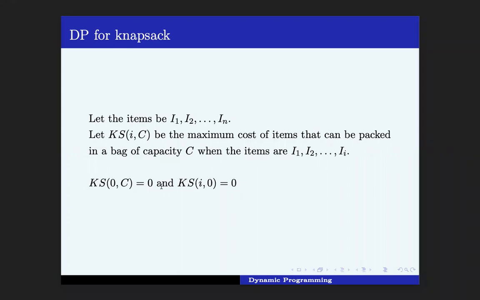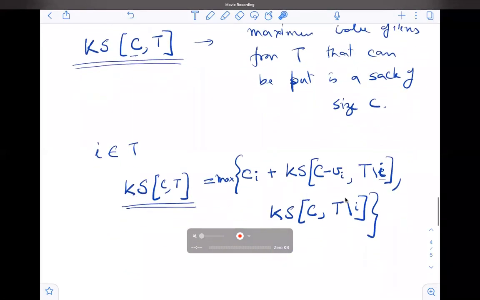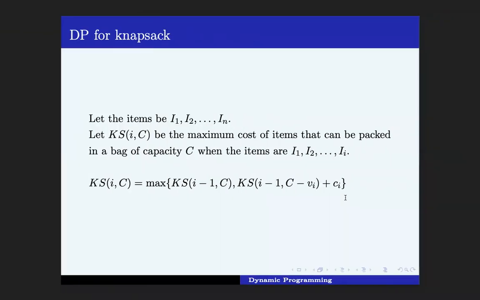If I don't have any item, then nothing much I can do. And for all of the other cases, K(I, C) is the max of K(I minus 1, C) and K(I minus 1, C minus V_I) plus C_I. The exact thing that we just talked about. And that's it.